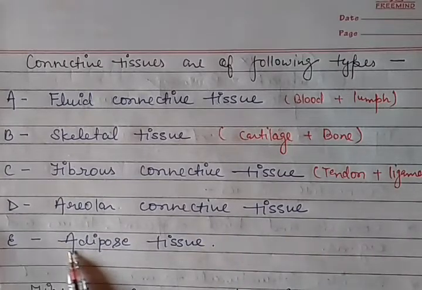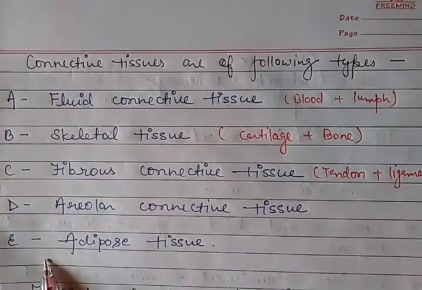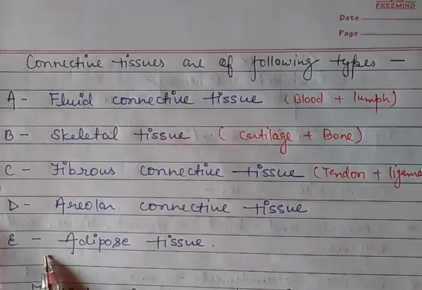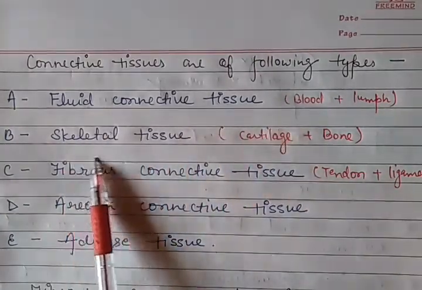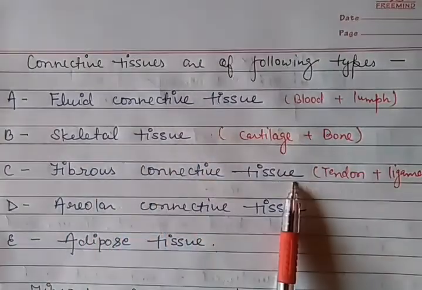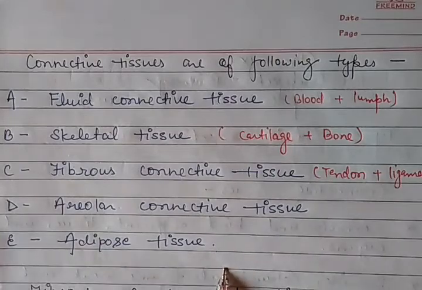And the fifth one is adipose tissue, that stores fats. So these are the five main kinds of connective tissues found in the animal's body: fluid connective tissue, skeletal tissue, fibrous connective tissue, areolar connective tissue, and adipose tissue.